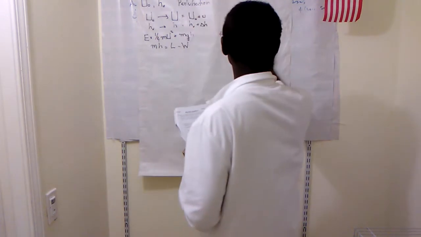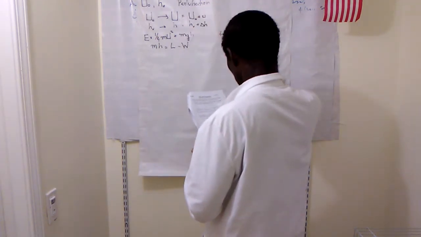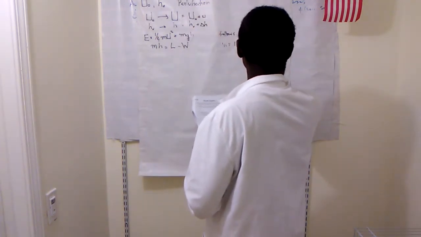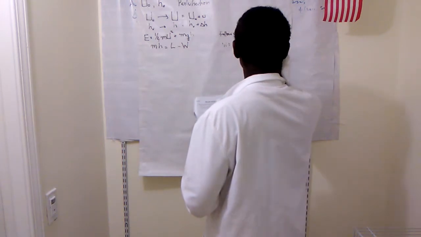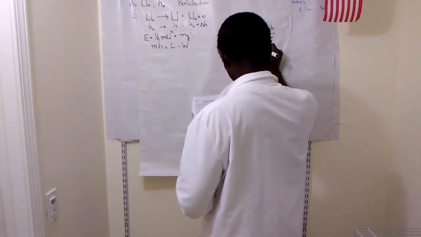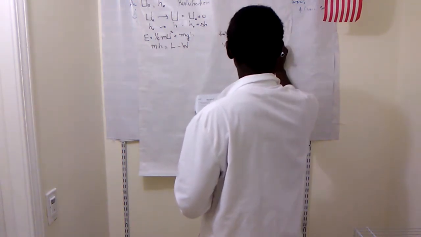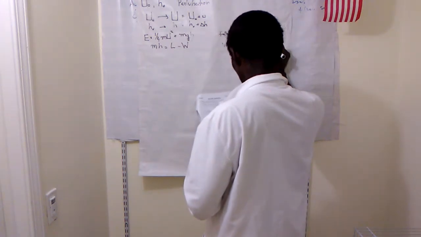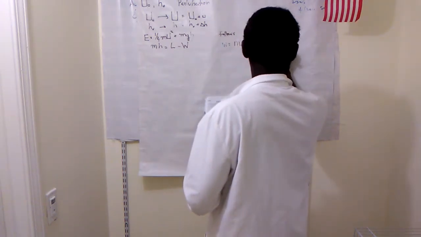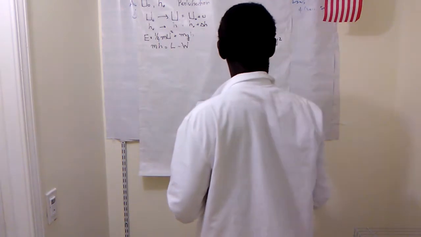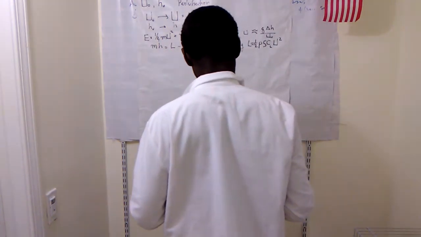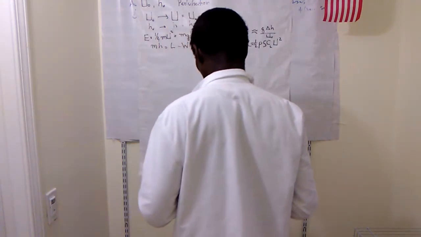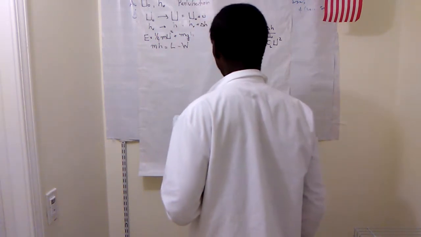And L is equal to 1/2 rho S, which is the wing area of the airplane, C sub L u squared, which is the longitudinal velocity. We can then derive the equation of motion of the aircraft.